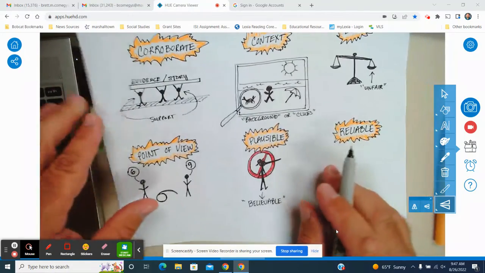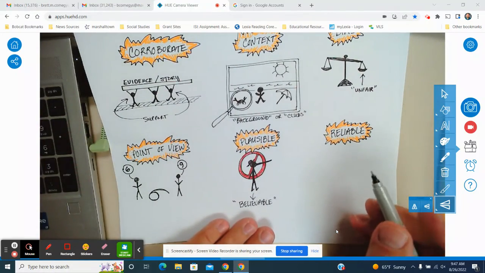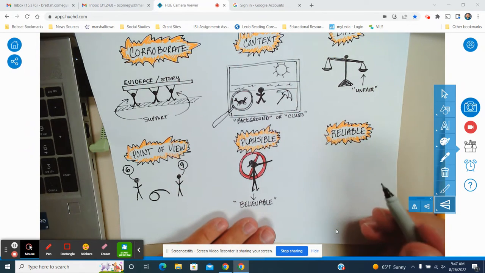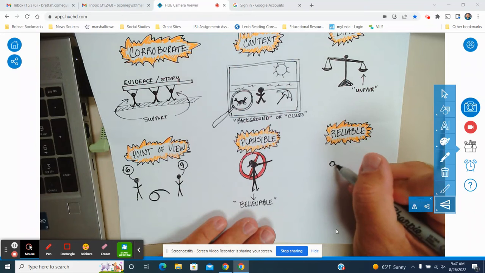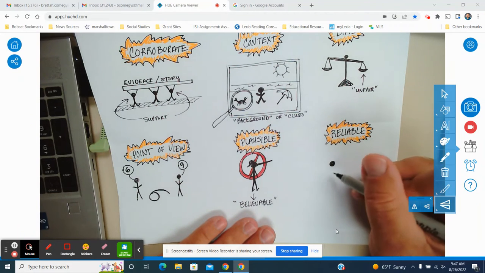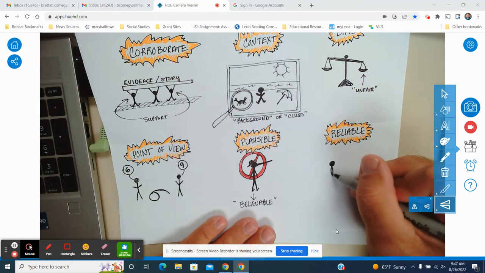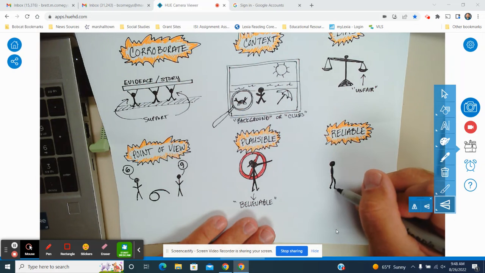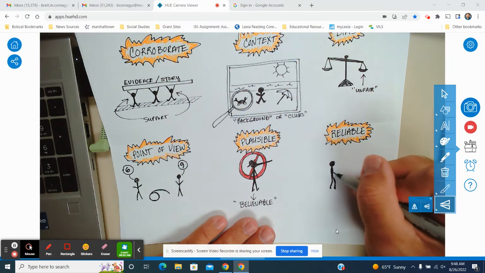Okay, and the last term we're going to cover is the term reliable. Reliable is something that's dependable, something you can count on. They used to have this exercise where you had to show how much you trusted somebody. We don't do it very much because, I guess, people were dropping people.